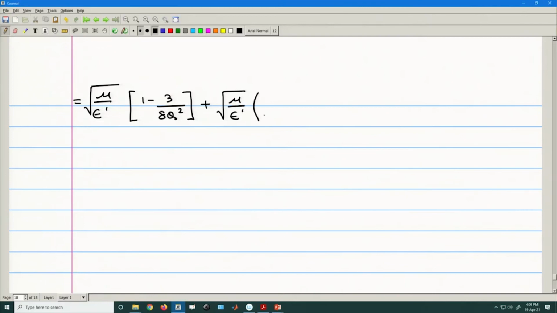This will be, so it's 1 minus 1 upon 2 jq, so we'll write it like j by 2q minus of 5 by 16 j upon q cube.